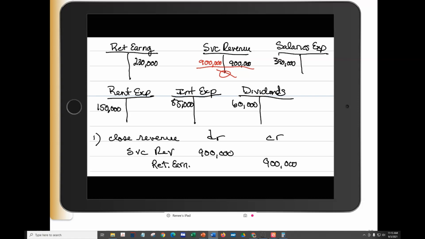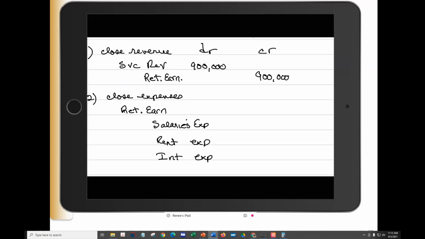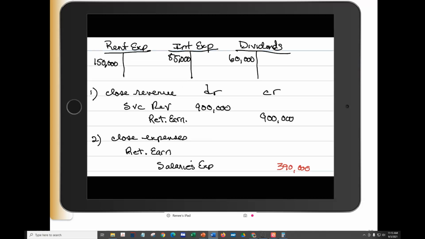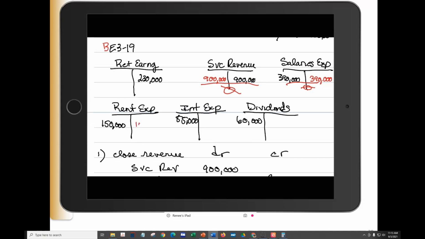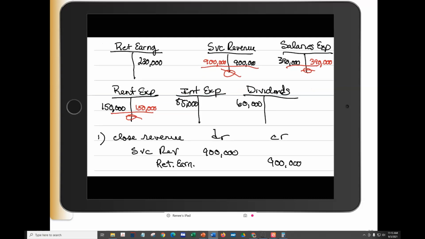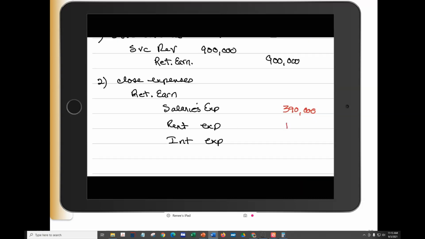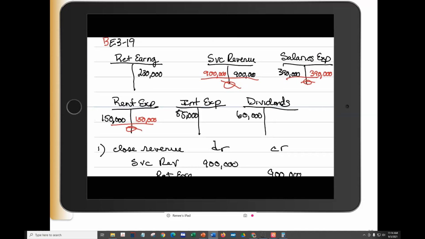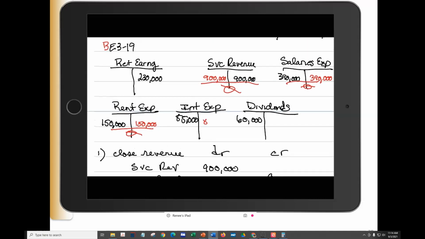Well, my salaries expense, I need to credit $390,000 to make that zero. My rent expense, I need to credit $150,000 and make that zero. And then my interest expense, I need to credit $85,000 and make that zero.